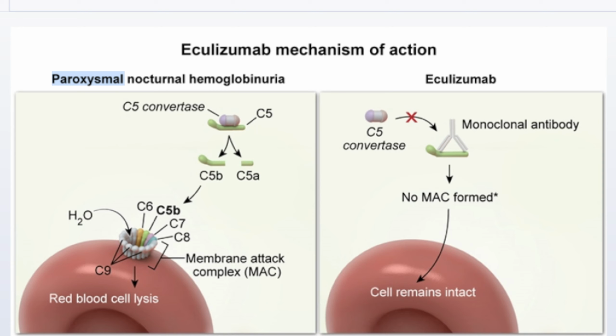This is a good mnemonic: CD59 reminds you that this whole process is related to C5 through C9. So eculizumab acts on the terminal complement, C5b to C9, which inhibits the formation of the MAC, the membrane attack complex, and decreases the severity of the disease.